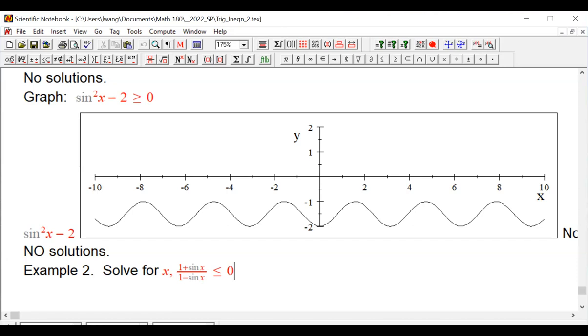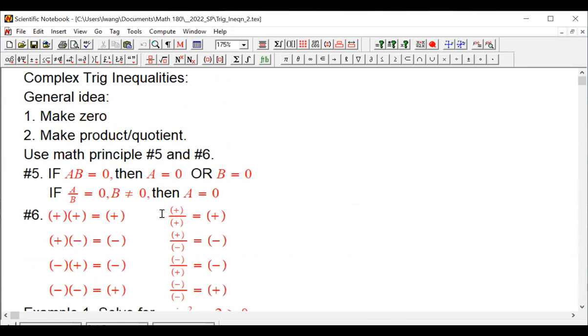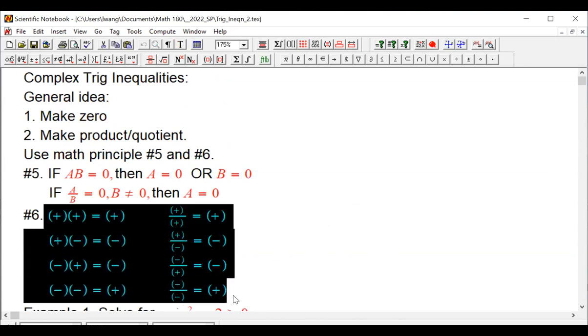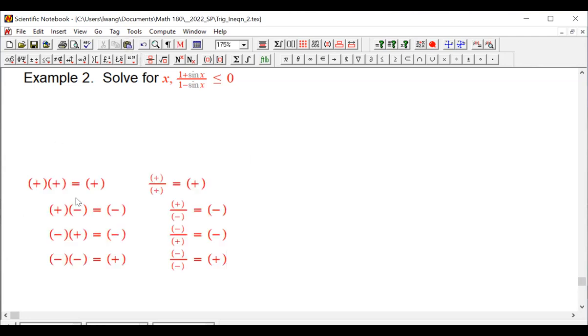Here we have to put on our thinking cap. Besides knowing these mathematical principles, I'm going to put them right next to us for our reference. Of course, only the quotient case applies to us.